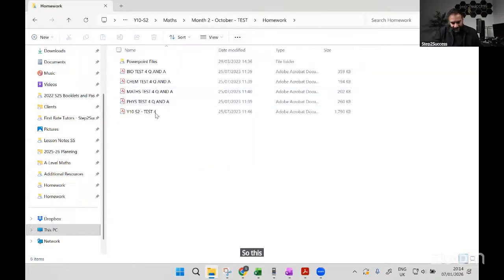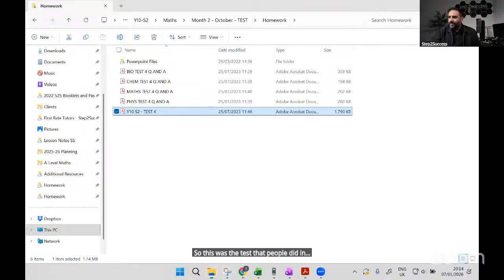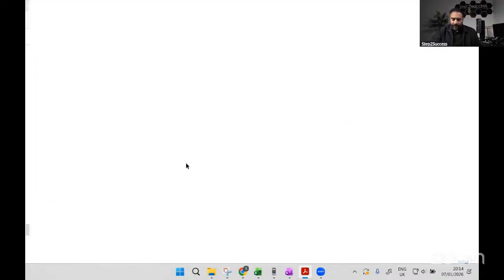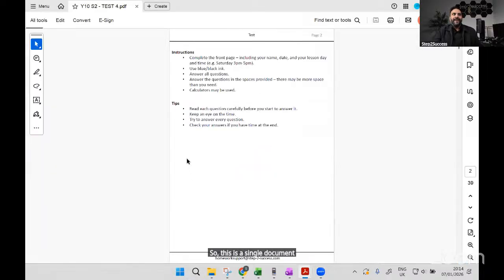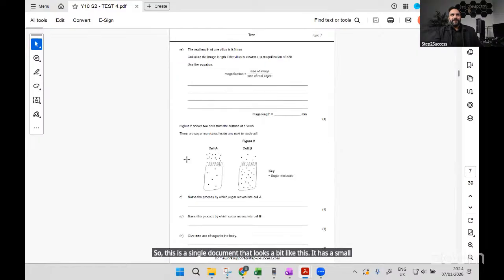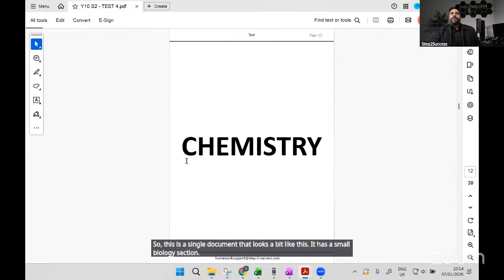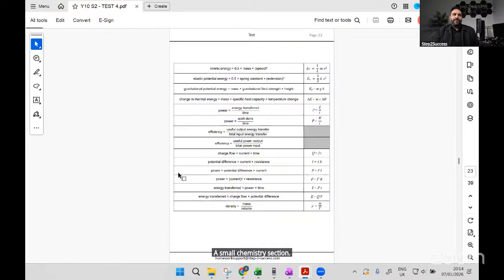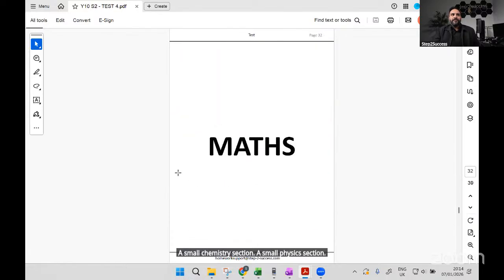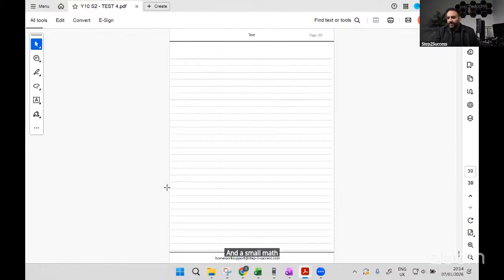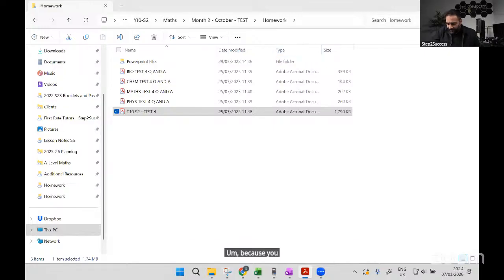This was the test that people did in October. It is a single document that looks a bit like this. It has a small biology section, a small chemistry section, a small physics section, and a small math section. There you go, all in one. You also have a verbal test during it, which is good fun, because you get asked some questions face to face.